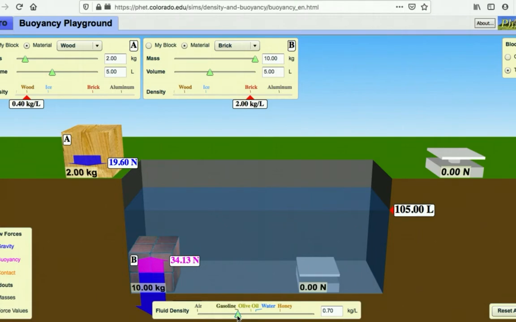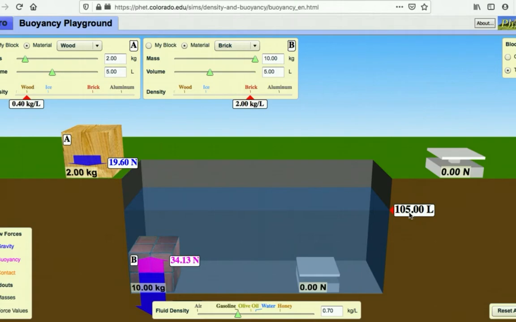And for the same reasoning, gasoline is less dense than water. So that means that if we still have the same volume, because the object has a volume of 5 liters, I'm displacing 5 liters of water, and I'm displacing 5 liters of gasoline.